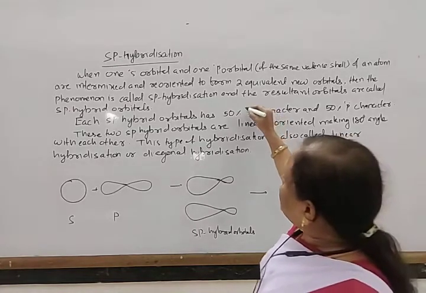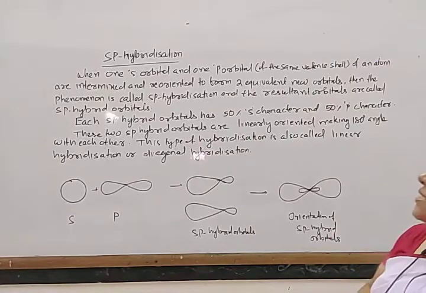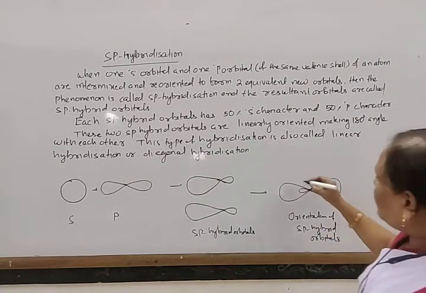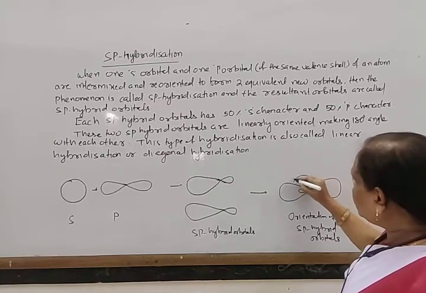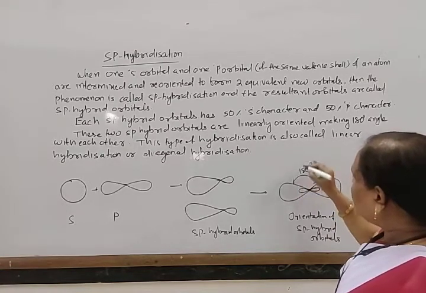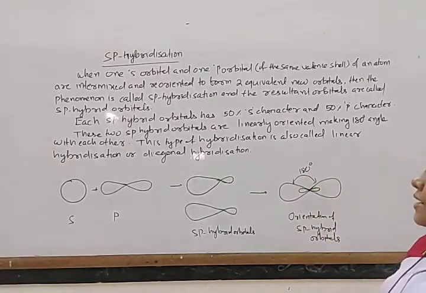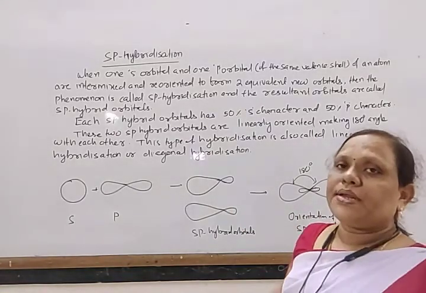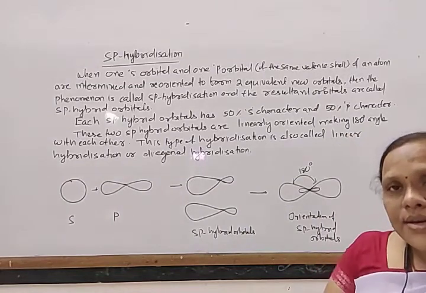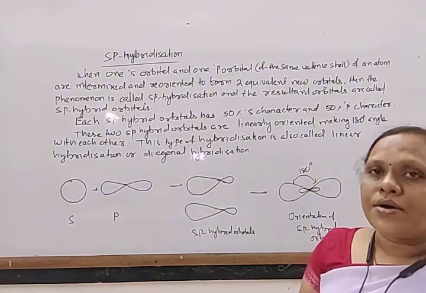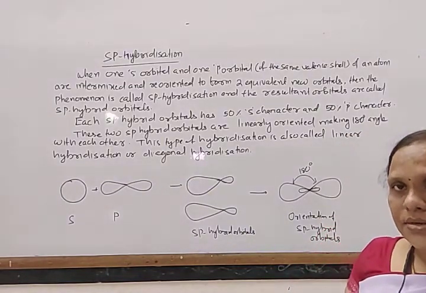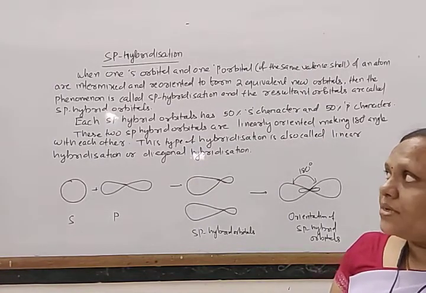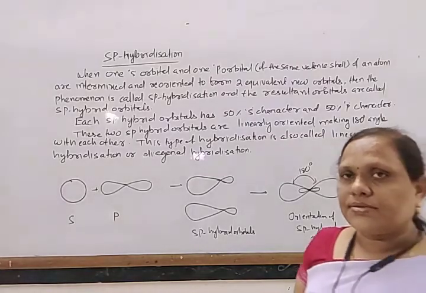These two sp hybrid orbitals are linearly oriented, making an angle of 180 degrees with each other. This type of hybridization is also called linear hybridization or diagonal hybridization. Note down these points, and here we are going to discuss some examples.